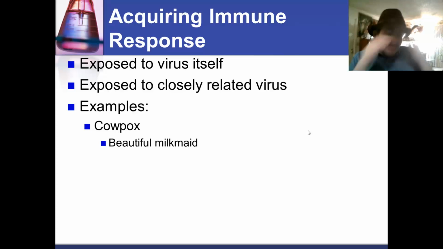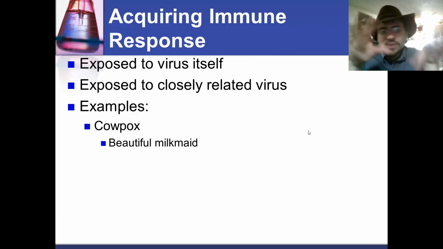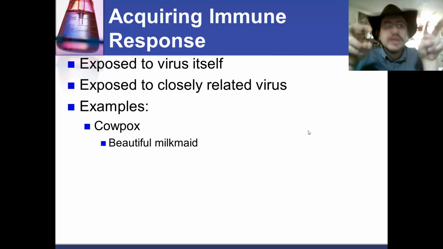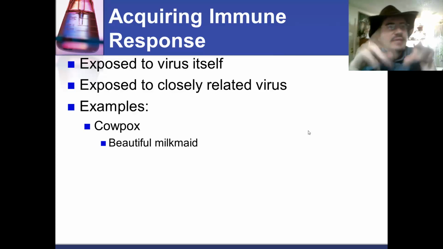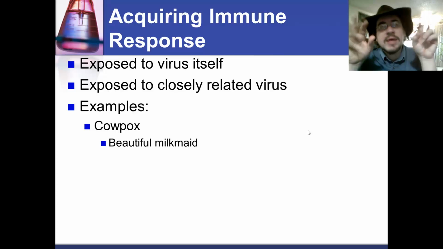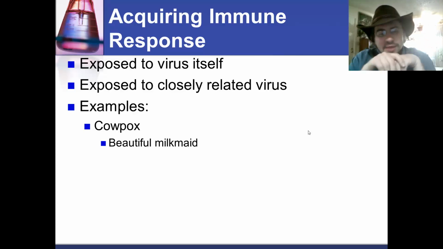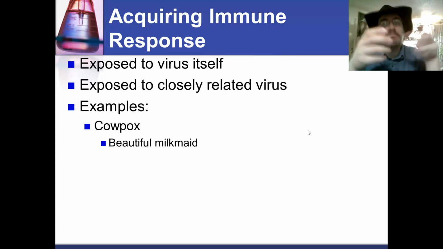In fact, one of the neat things about the discovery of cowpox as a vaccine, if anyone's ever acquainted with old European fairy tales, one of the themes you often see is the beautiful milkmaid. And what's neat about that is that that's actually based in fact. Milkmaids were women who obviously milked cows.